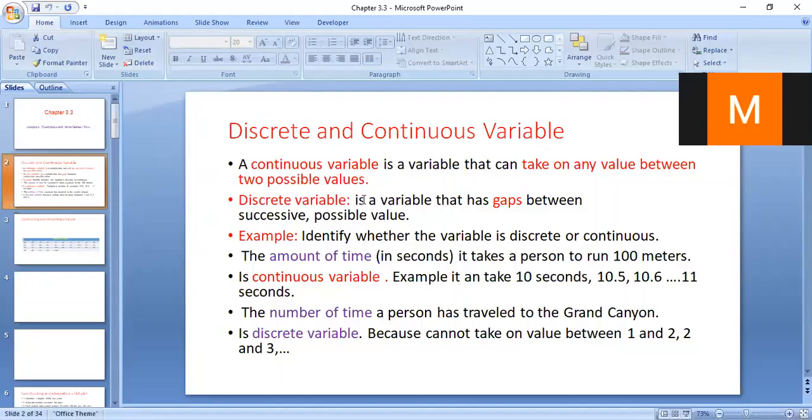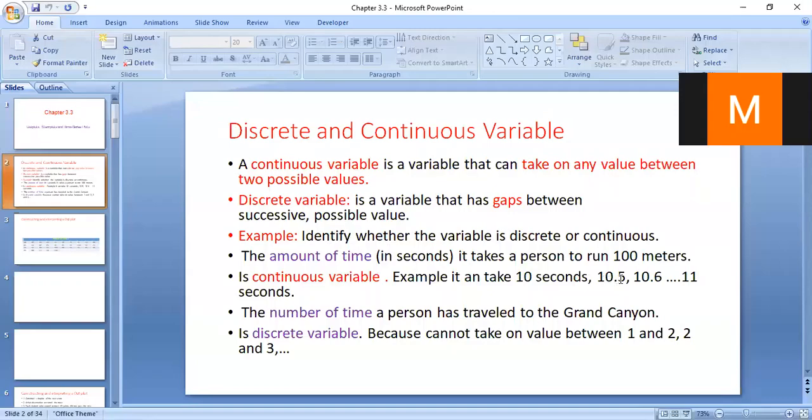A discrete variable is a variable that has a gap between successive possible values. For example, the time in seconds it takes a person to run 100 meters is a continuous variable, because the time can be between 10 second and 11 second.